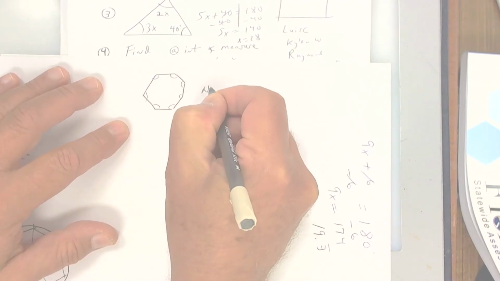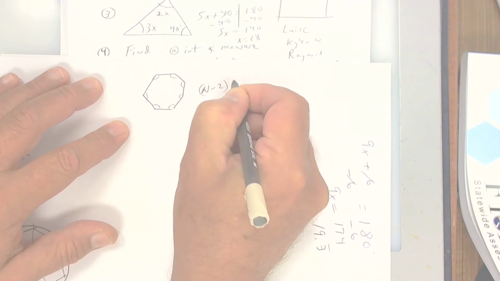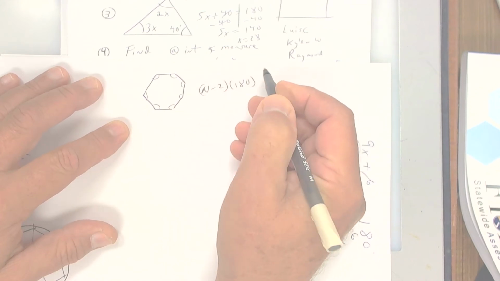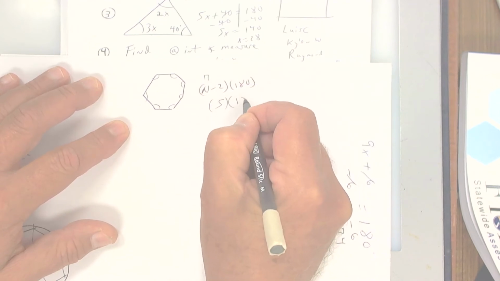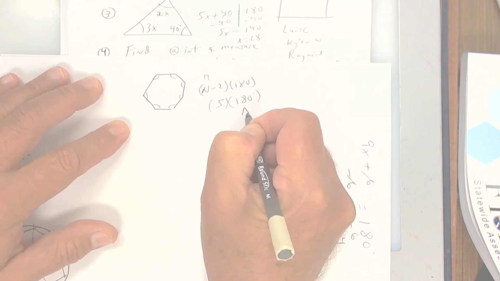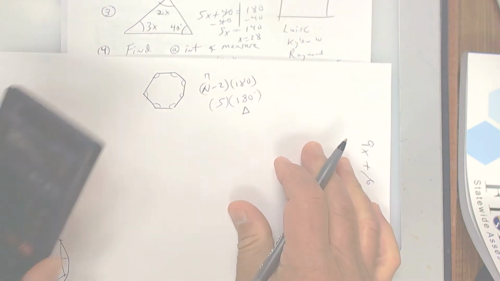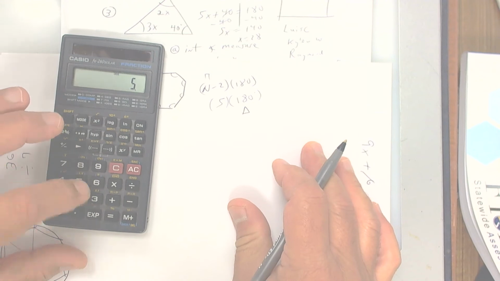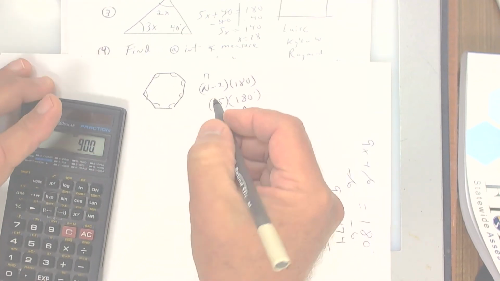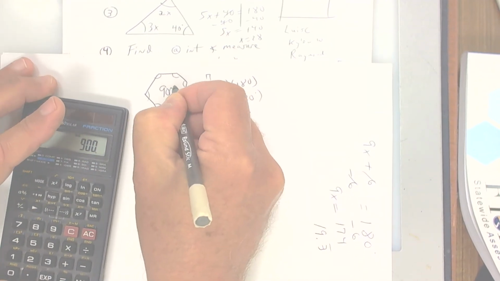So we use that formula, n minus 2 times 180. Okay? So that's going to be 7 minus 2. So that's 5 triangles because each triangle is worth 180. So the interior angle measure is going to be 180 times 5, which gives me 900 degrees. So the whole thing is 900 degrees.